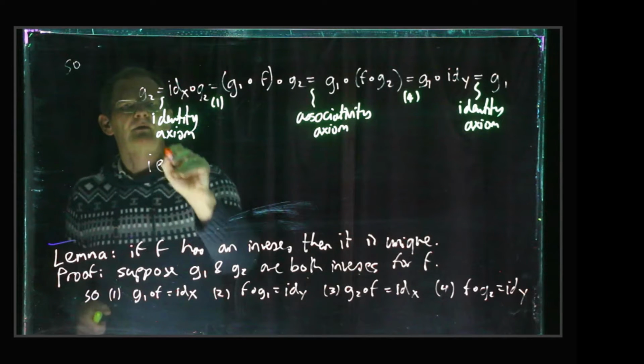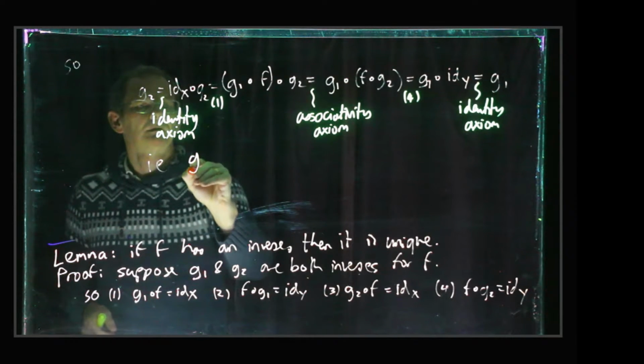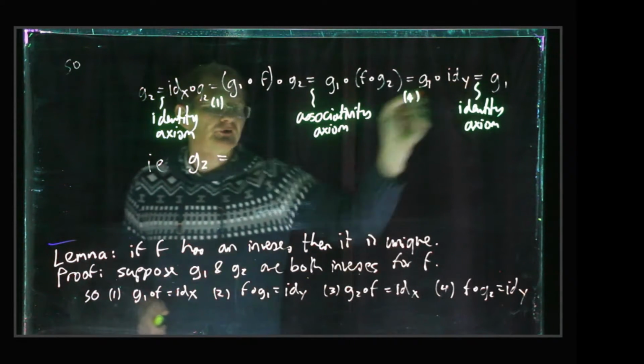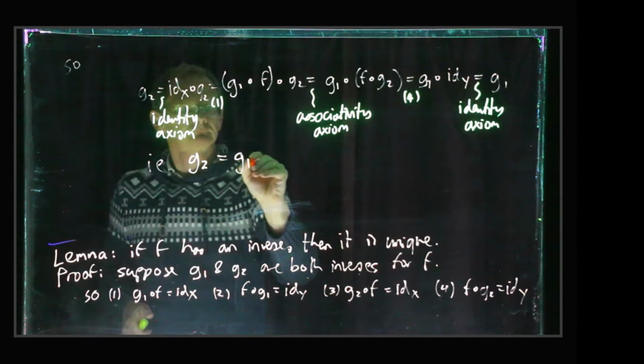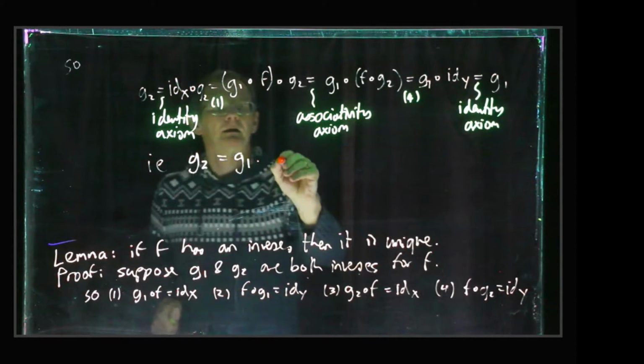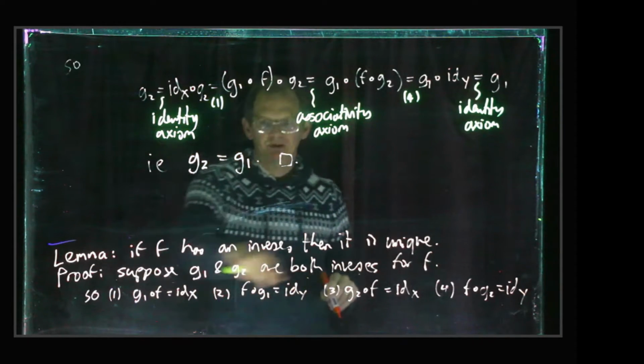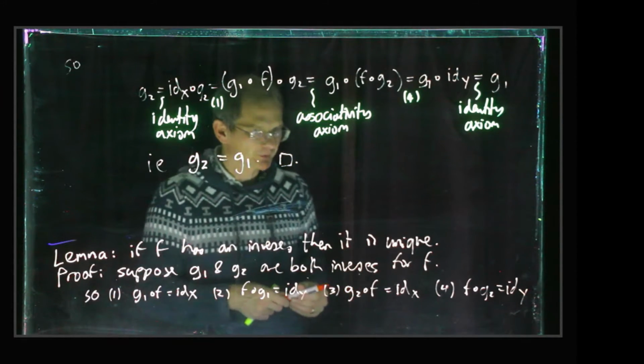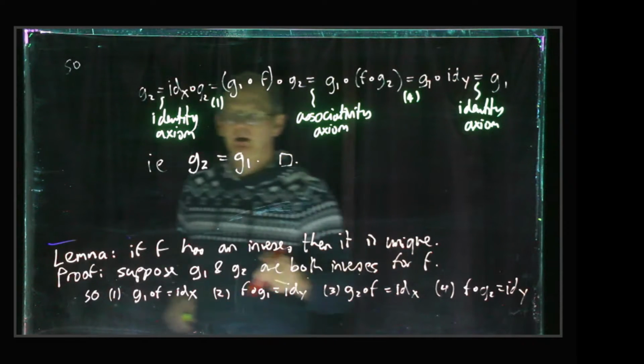So putting this together here, we've got G2 is equal to G1. Well, that's what we were claiming. We're claiming that the inverse is unique. If G1 and G2 are both inverses, then they're the same.